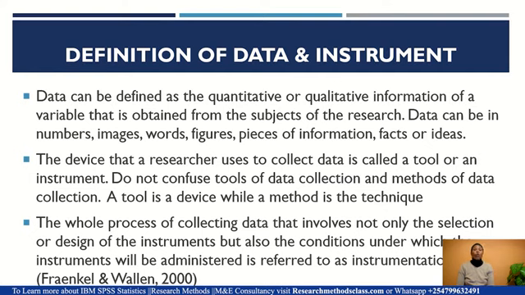And therefore, when you collect information about these variables, this is what we refer to as data. Therefore, data can be in images, it can be in numbers, it can be in words, it can be in figures, facts, ideas, etc.